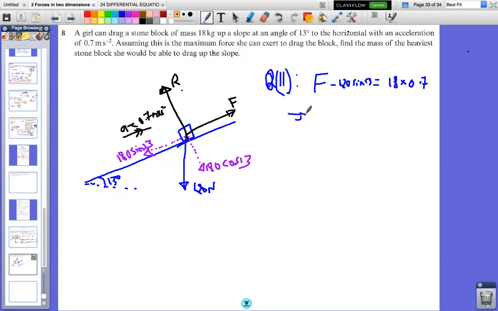So that gives us F as 18 times 0.7 plus 180 sine 13. What does that give us?